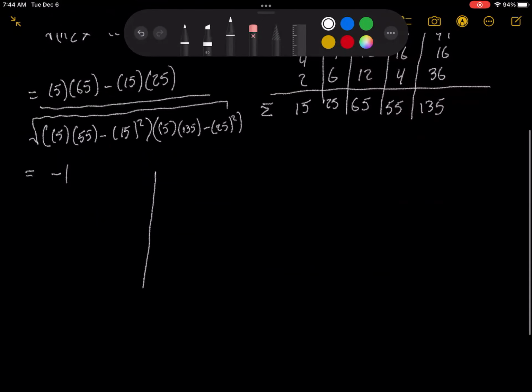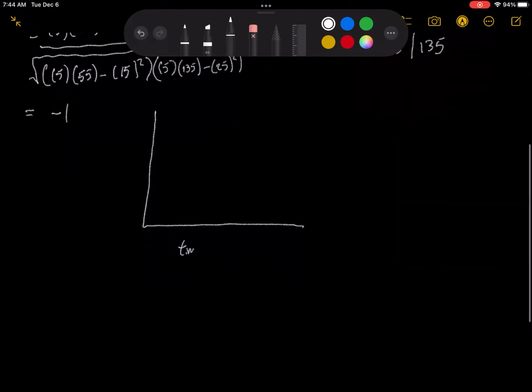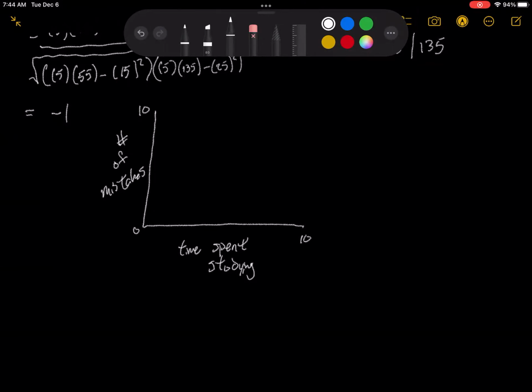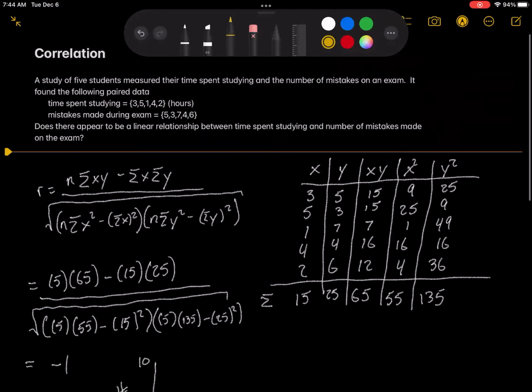Let's see what's happening. If I plotted this, time spent studying and number of mistakes. So the first data point that I have is if you spend 3 hours studying, you make 5 mistakes.